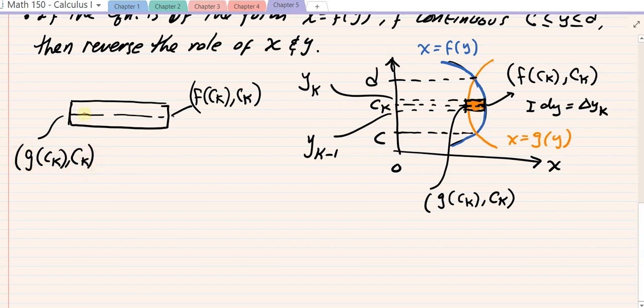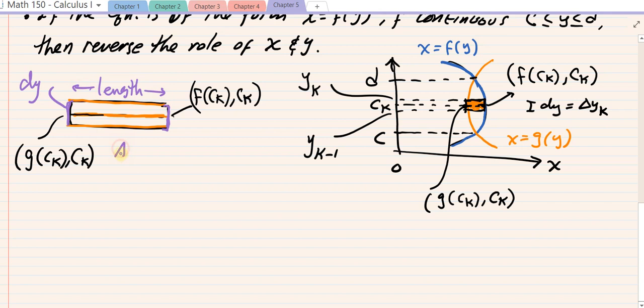Notice this would be the height of the rectangle, or one side. The other side is just the thickness, which is dy. And if you multiply the length times width, the width is dy.